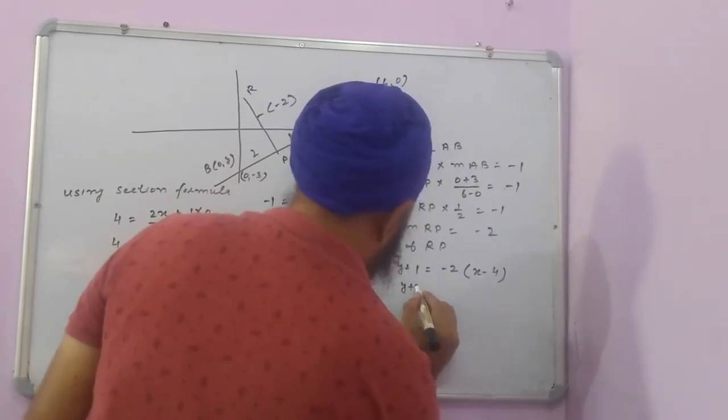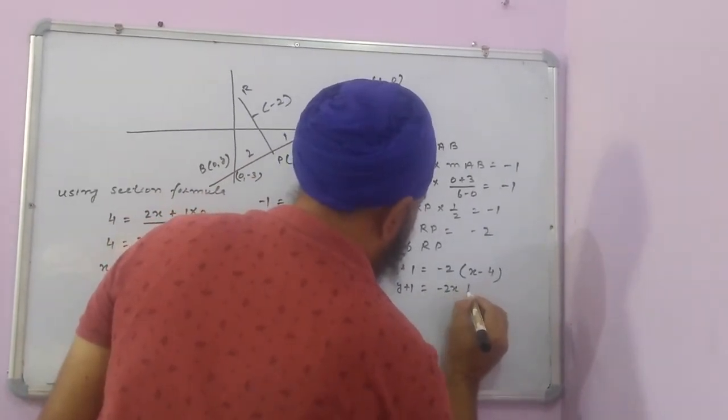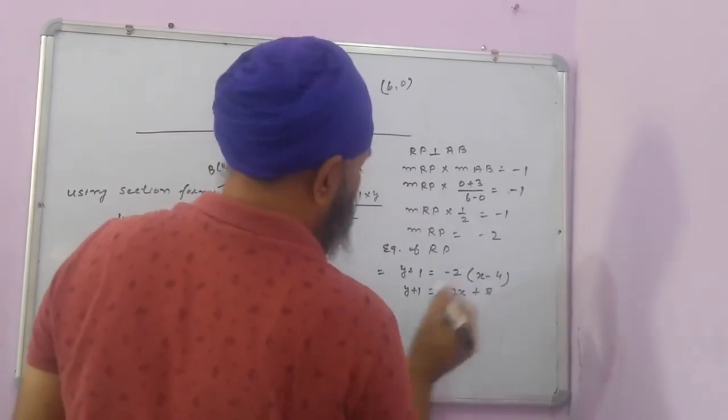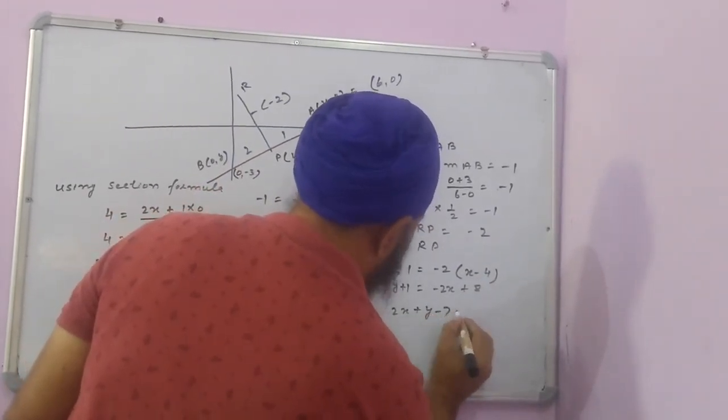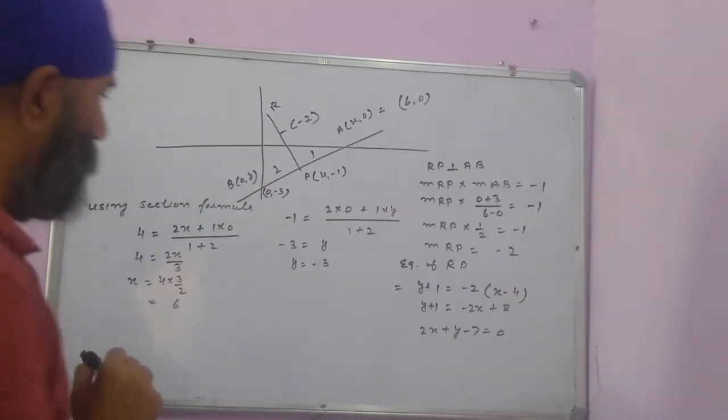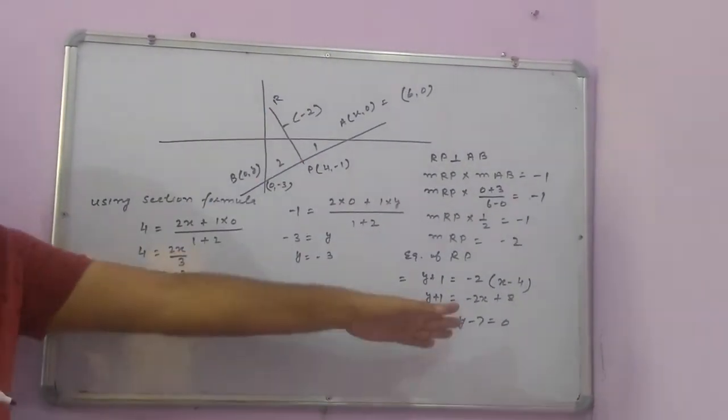So y plus 1 is minus 2x plus 8. So 2x plus y minus 7 is equal to 0. This is the equation of the line RP.